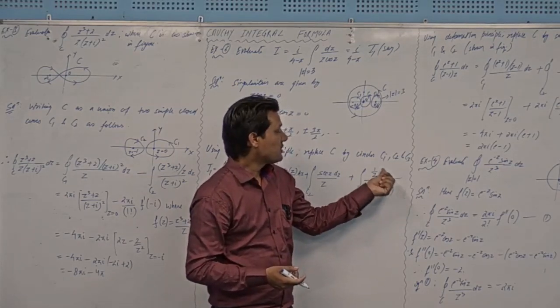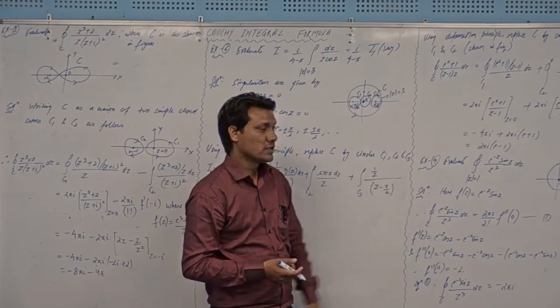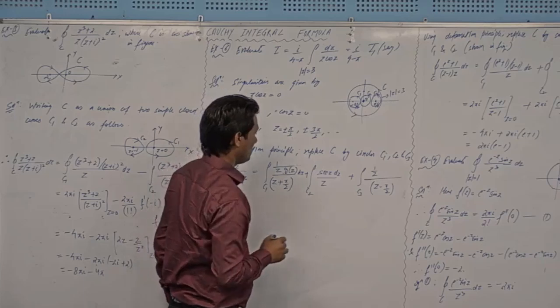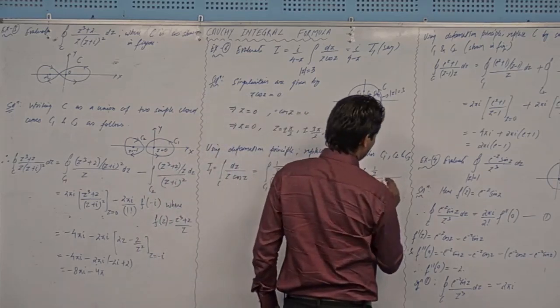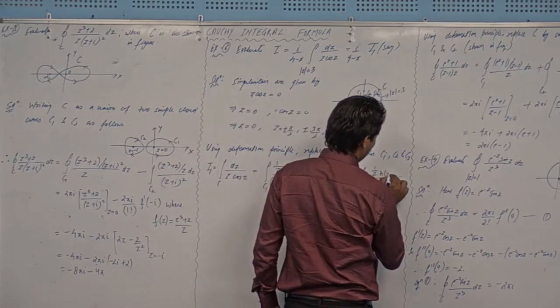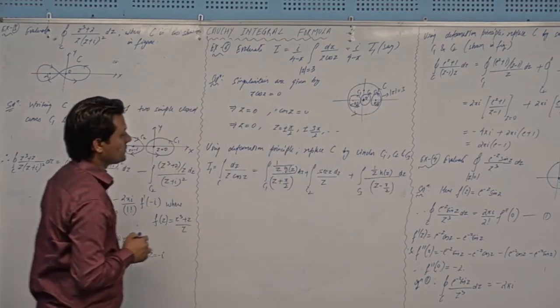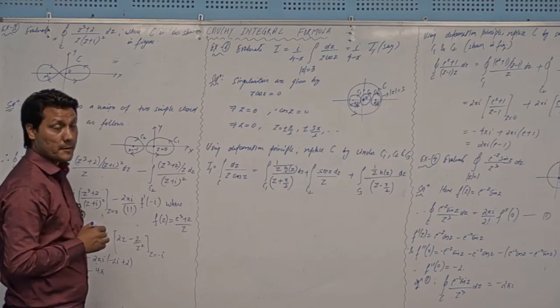And in that case I will write that function here, with this z, h(z) dz, right? Clear?